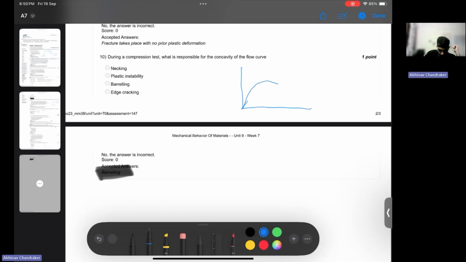If it is like this, then, many times I think it's like this only. So many times you can have this concavity where it changes what we call the curvature.